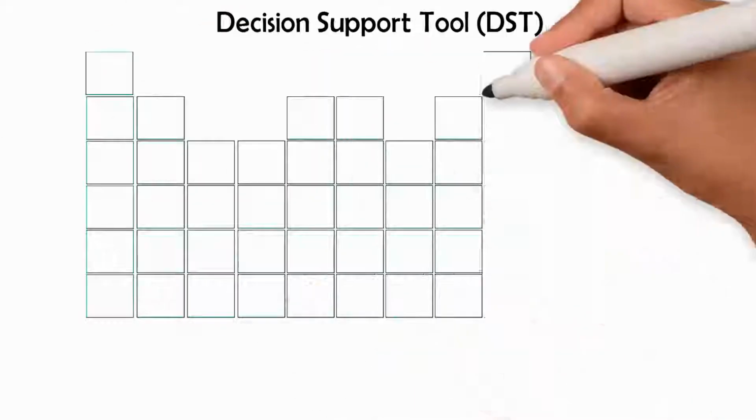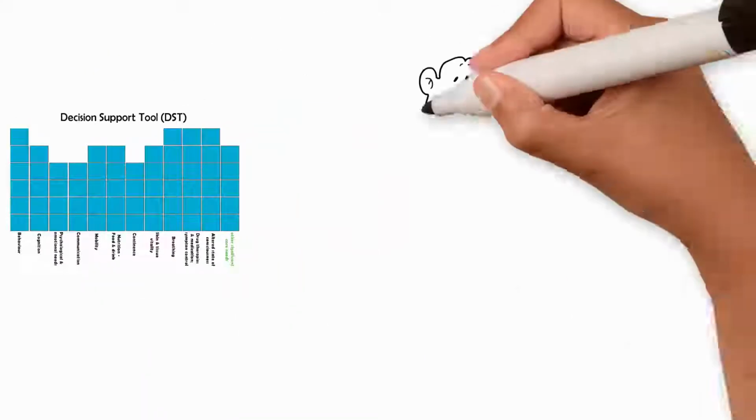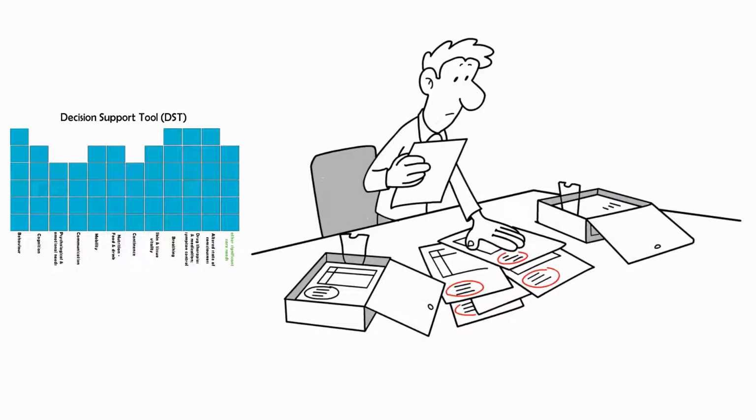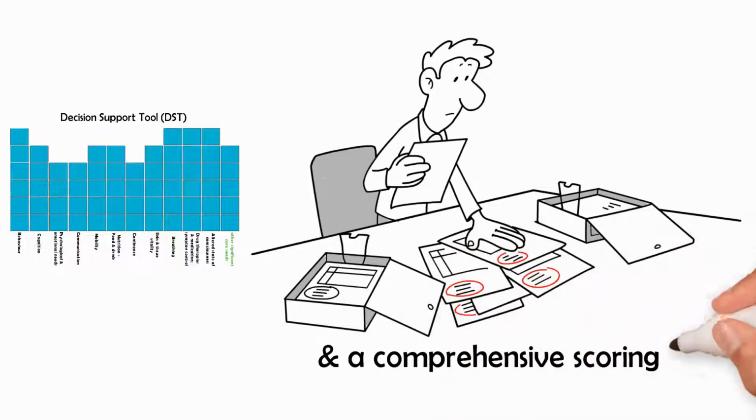The DST uses the same care domains that were used in the checklist stage, but this time the 12th, other significant care needs domain, is included. The assessment is more rigorous than the checklist, and your care needs will be explored in much more detail. The scoring of your level of care need is also more comprehensive.